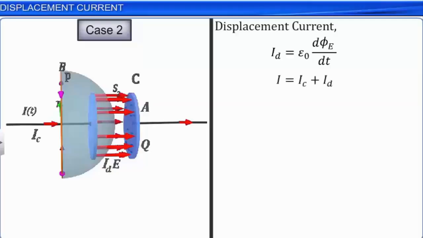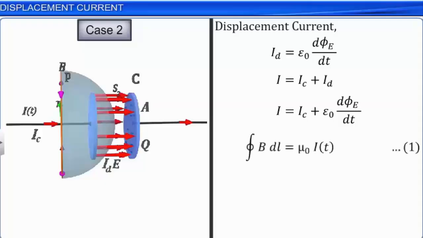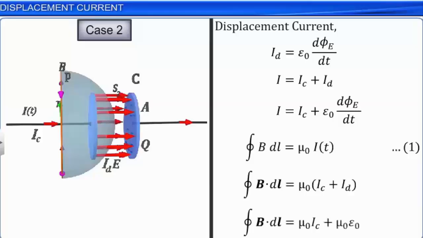Now, Ampere's law can be written as integral over the closed loop B dot dl is equal to mu naught into (IC plus ID), that is, integral over the closed loop B dot dl is equal to mu naught IC plus mu naught epsilon naught into d phi E by dt. This is known as the Ampere-Maxwell law. Let this be equation 8.